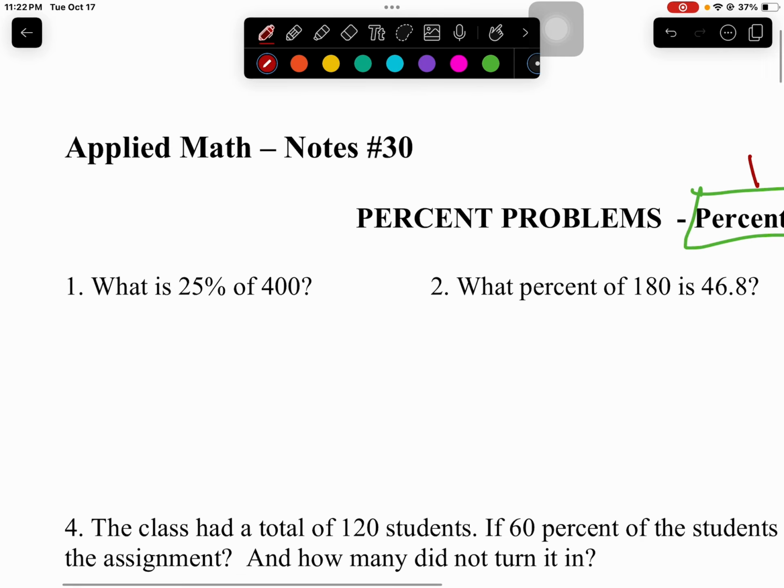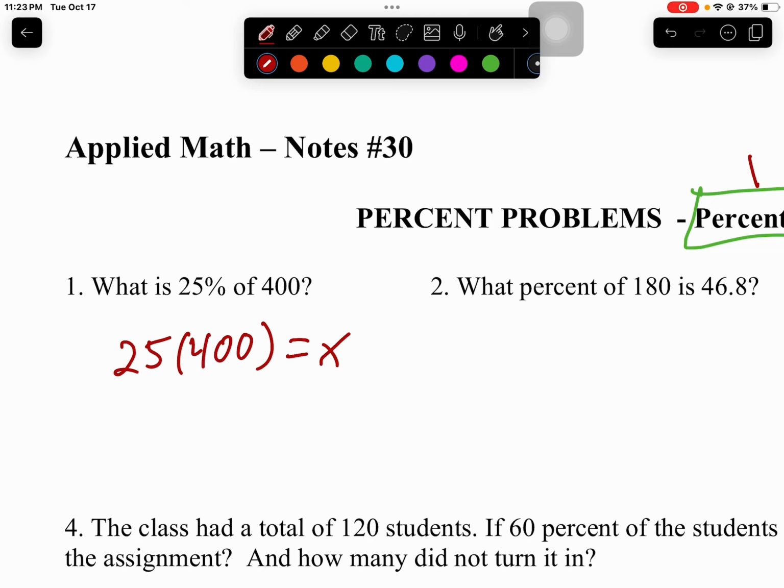Like number 1, what is 25% of 400? Well, I have my percent, so 25. I have my total, which is 400. So I want the part. Key thing I forgot to mention is when you're using percentages, it is a fraction of 100. So when you multiply, you don't multiply by 25, you multiply by 25 out of 100.